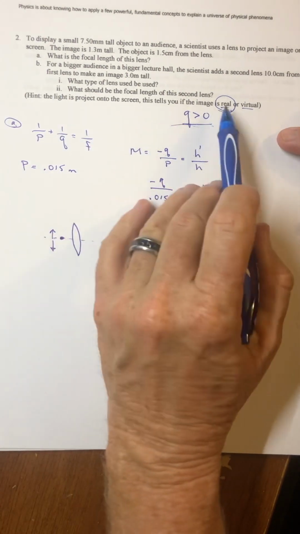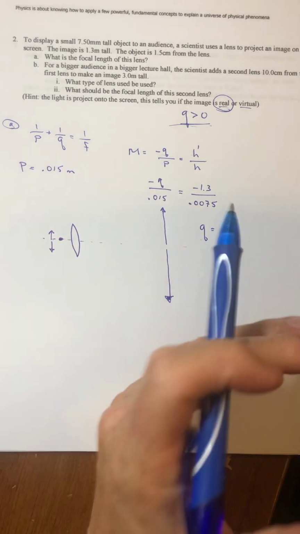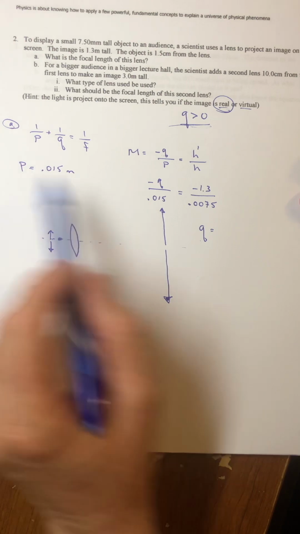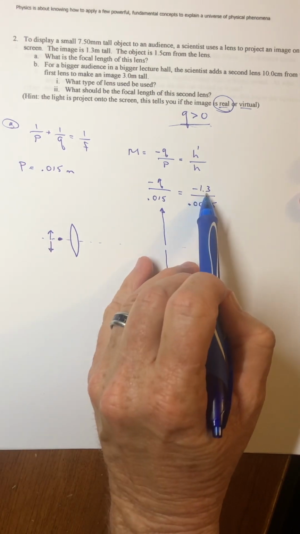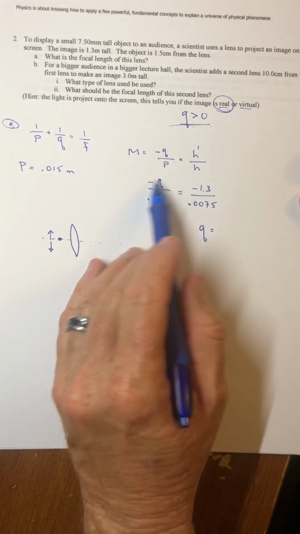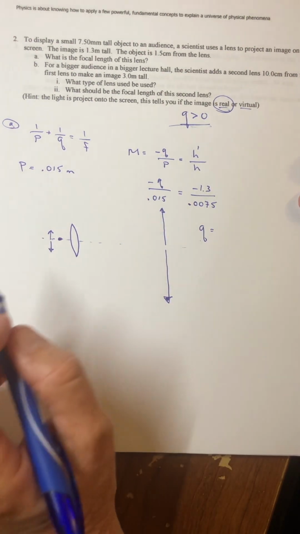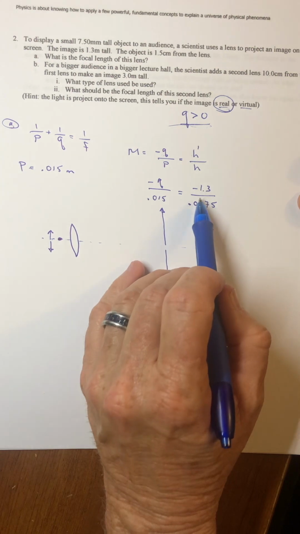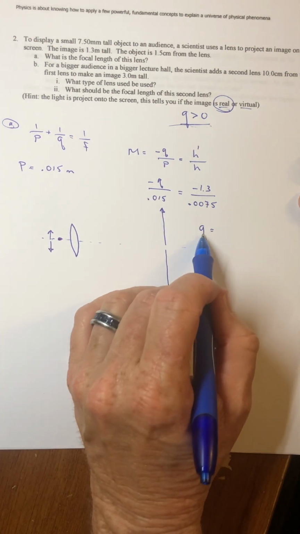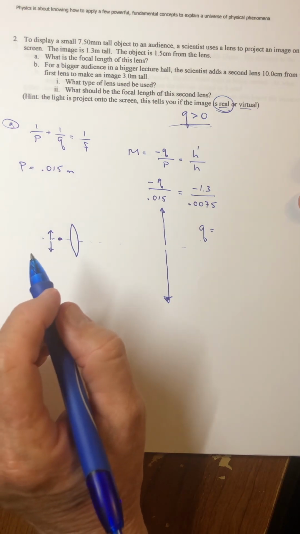So that was kind of a hint that hopefully you won't go too far with a negative Q. Because I could see you just going 1.3 for its height and dividing by that and getting a positive magnification, which, as I said, the math works out to a negative Q. But we need that negative for that to cancel off and get our positive Q.